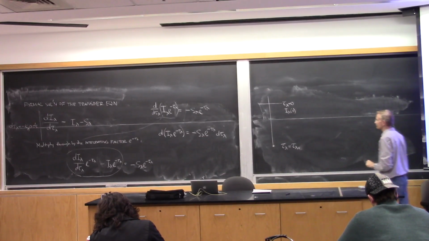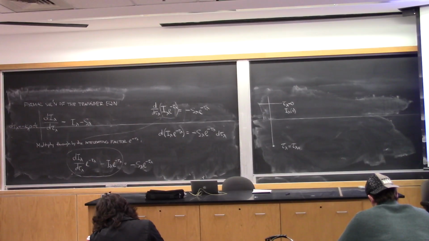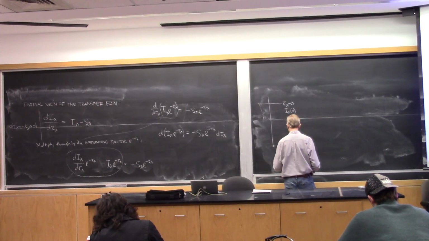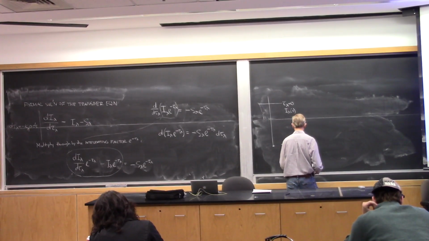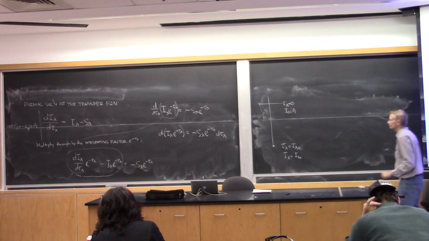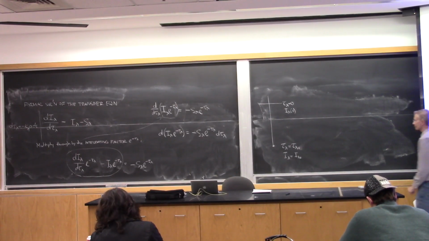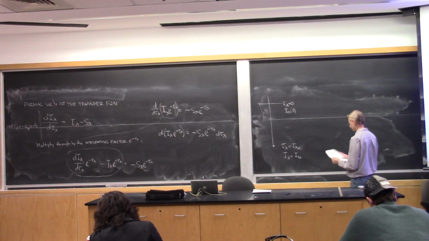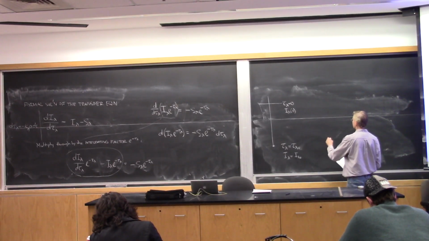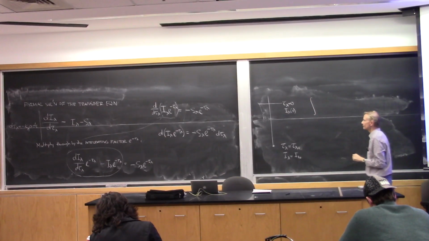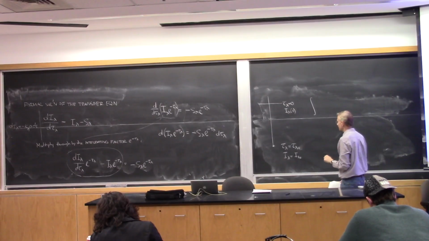So tau lambda of the starting point of the radiation, the source of the radiation, if you like, is tau lambda naught. And I lambda at this starting point, we'll call that I lambda naught.